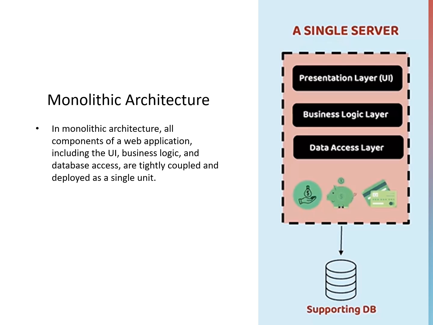Inside a single server, it has a presentation layer with HTML code, JavaScript, CSS, backend business logic along with the data access layer. One important feature of monolith is that it has a single supporting database where we store all the data related to account, card, and loan.